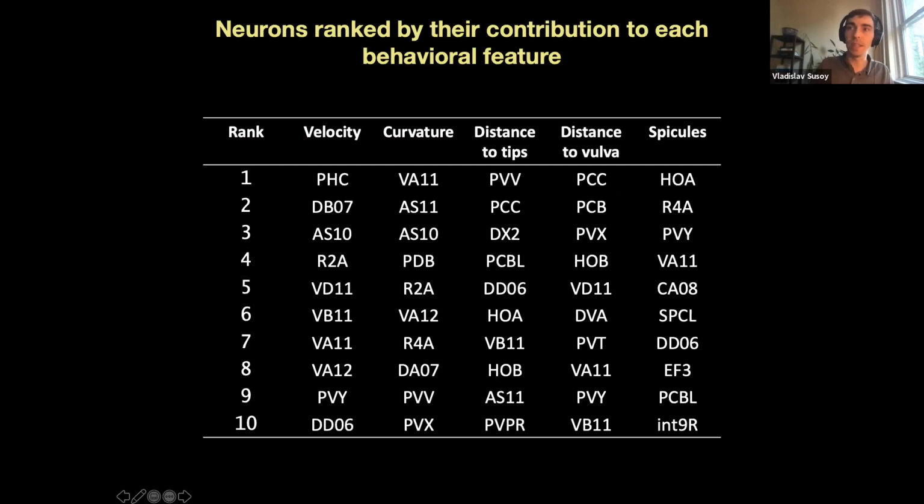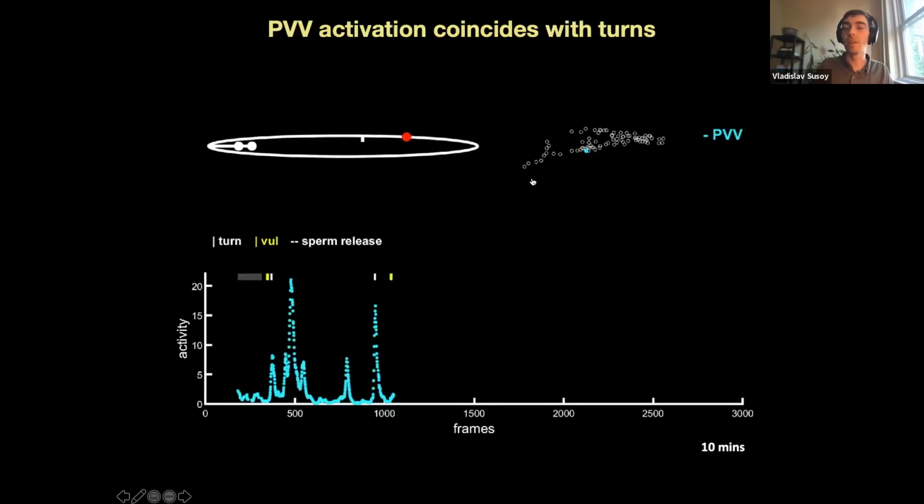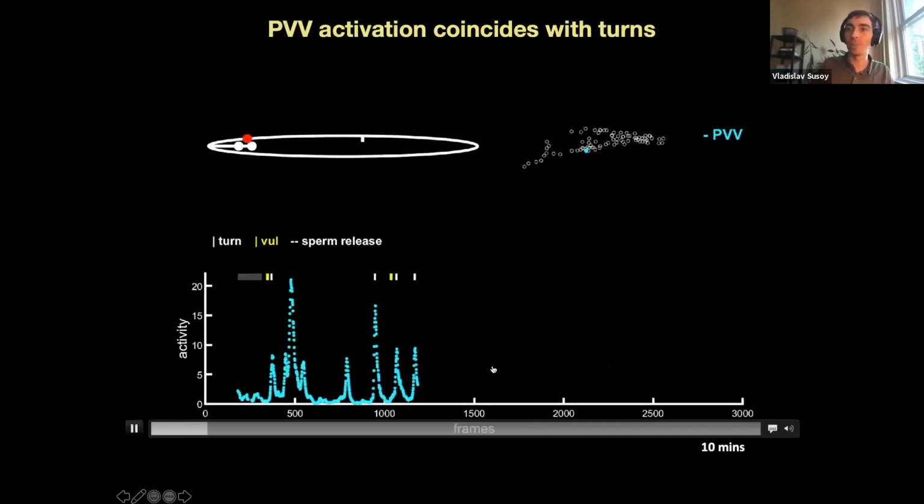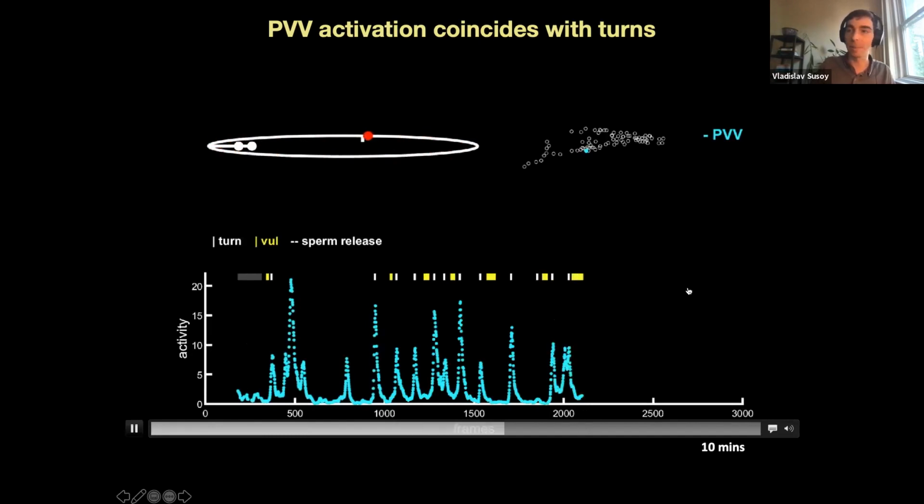If we take, for example, this neuron, PVV, which is the top neuron for predicting the distance to the hermaphroditic tips, and if we look at its activity, we see that the neuron becomes active specifically when the male swims around the hermaphrodite, and this is highly consistent within one animal, within instances of this behavior for one animal, as well as across animals.